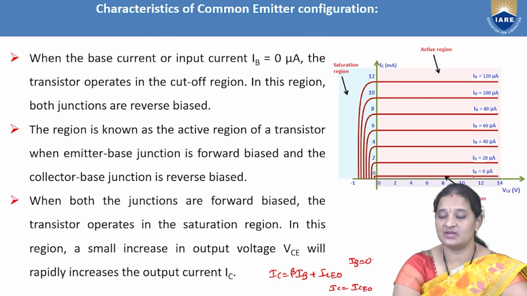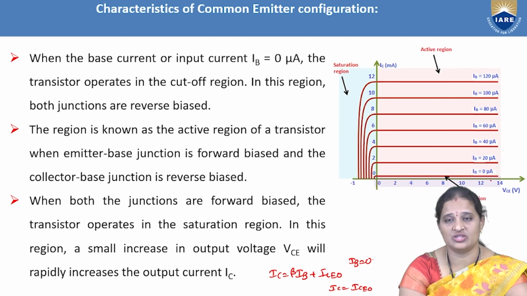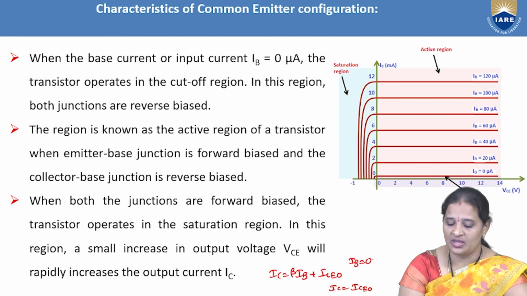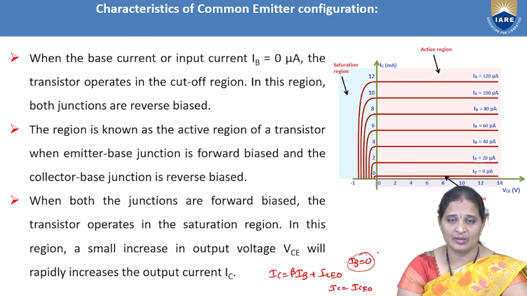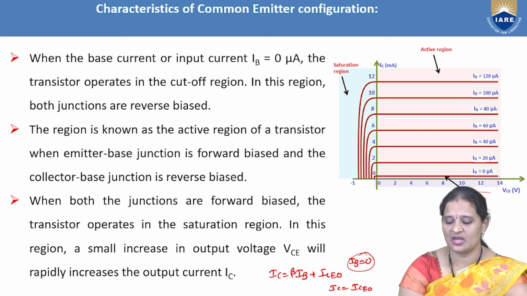This is the reverse saturation current. So even then there is a current flowing due to the minority charge carriers. Here this is the cutoff region because we are open circuiting the input junction, which means we are reverse biasing the input junction. As both the junctions are reverse biased, again this region is called the cutoff region.